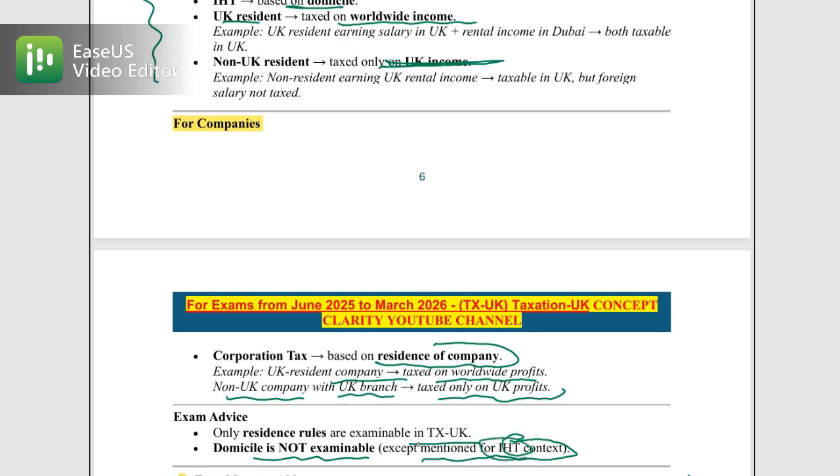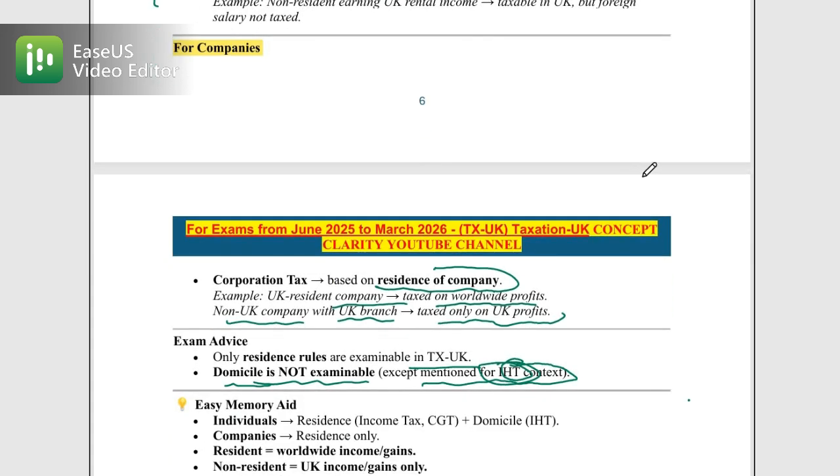You have to remember this for IHT, and it will not apply for others like CGT. What we understand is that for individuals, residence drives income tax and CGT plus domicile for IHT, and for companies residency only. Residents are taxable on worldwide income and gains, and non-residents only on income generated in the UK. This is the snapshot you have to understand.